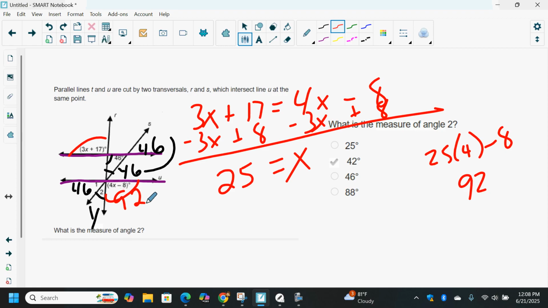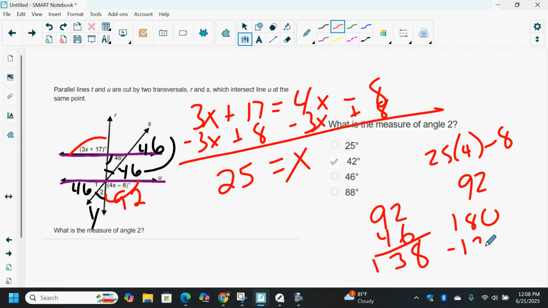Now I know 92 plus 46 is 138. Then we do 180 minus 138, which is 42, which is why 42 is the answer. So I had to figure out first that the two angles that are labeled with the expressions are equal to each other. Once I find x, I can use that to figure out what angle 2 is.